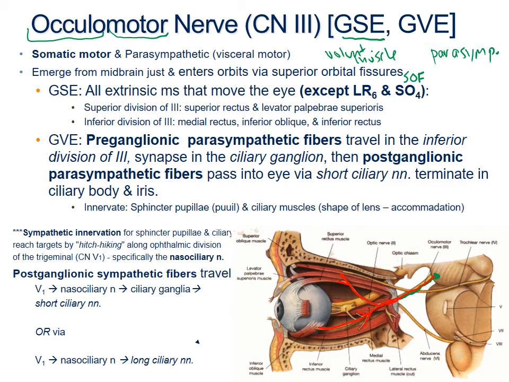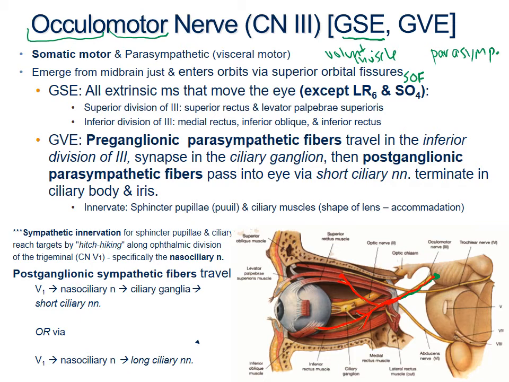So you can see the superior division is going to go to innervate the superior rectus muscle and the levator palpebrae superioris muscle. So superior rectus will make you look up, and levator palpebrae superioris is your upper eyelid, so it raises your upper eyelid.